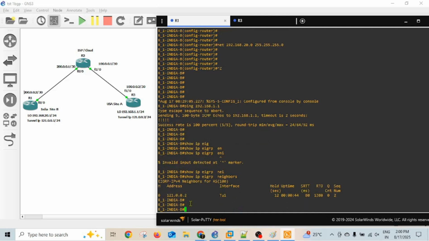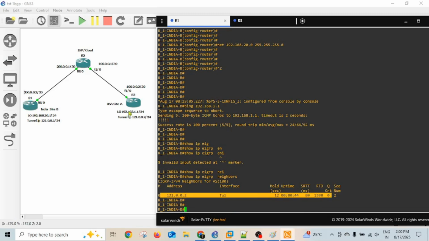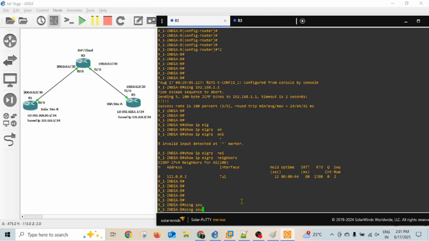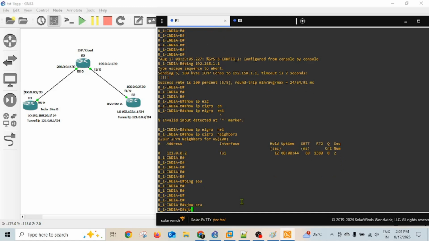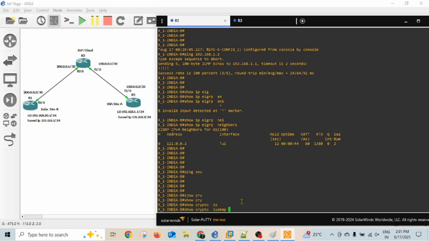So if you say show IP EIGRP neighbor, this is the tunnel. It's established between US and India. So all traffic will go through our private tunnel. If a LAN wants to talk, I say ping, and you can say show crypto ISAKMP policy.